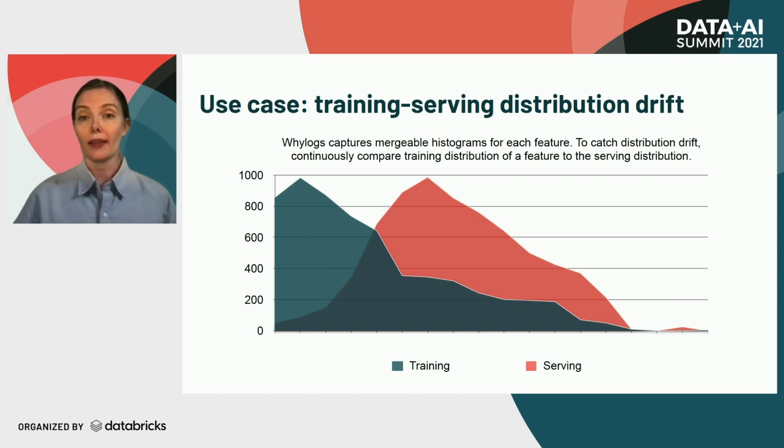Each log file captured during inference can then be compared to the baseline that was established by the training data log file. Now, data drift can then be identified by calculating KL divergence or Hellinger distance between the training distributions of each feature and the inference distributions of each feature.